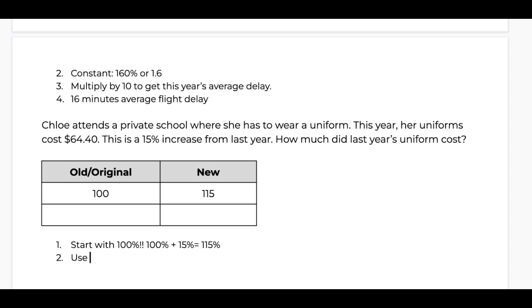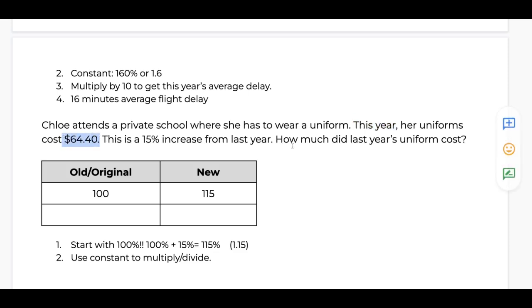And then you're going to be using the constant that we just found, which is 115%. And that's 1.15. You're going to use that constant to multiply or divide. We got to figure out where this other number goes. So it says this year it is 64.40.